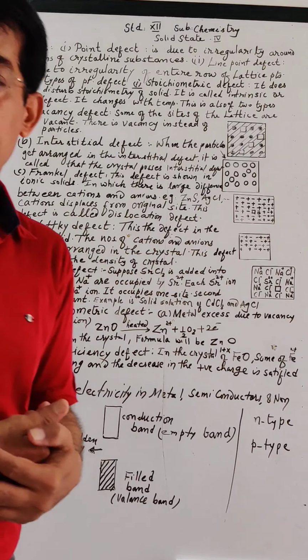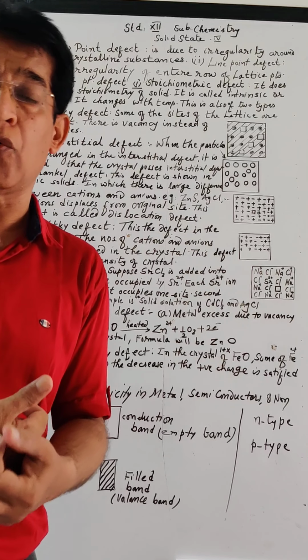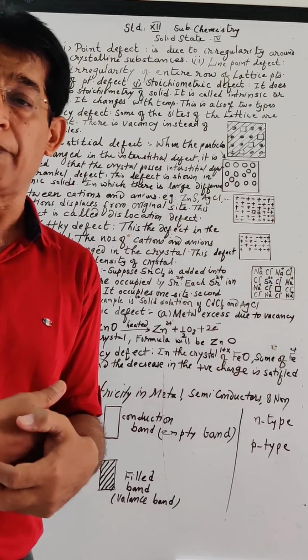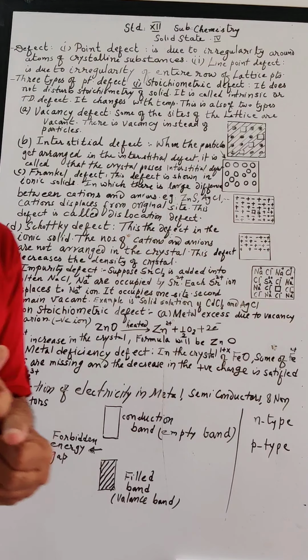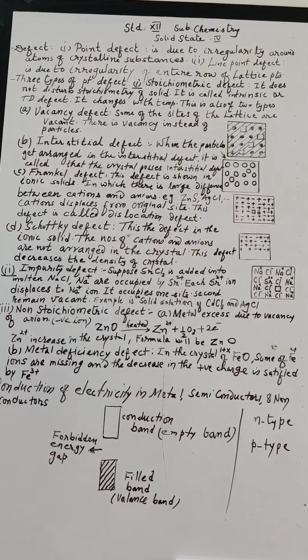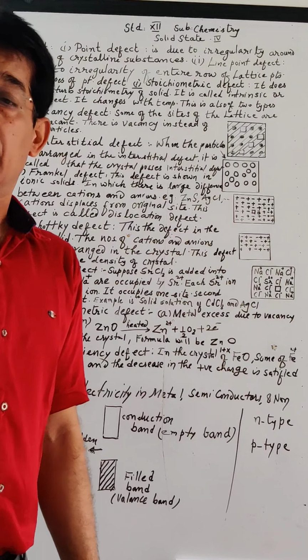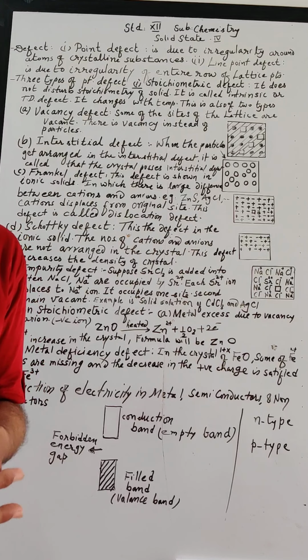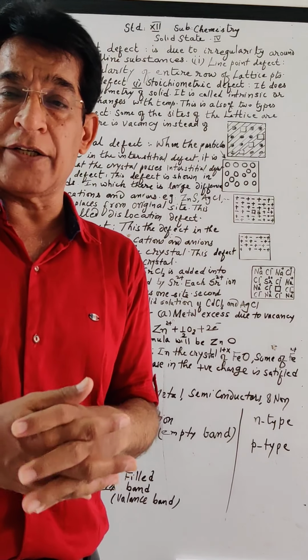Silicon and germanium show this type of behavior, so they are called intrinsic semiconductors. Next topic is doping. If some impurity is added to it, its conductance can be increased. This process is called doping.